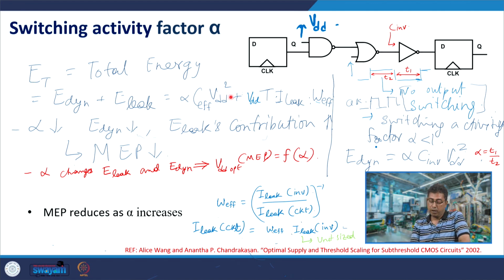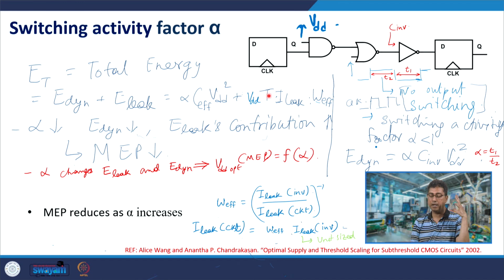But if you increase the value of VDD, the supply voltage, you would find that dynamic energy increases, but time period reduces, and that is an exponential reduction as we had discussed in the previous lecture.